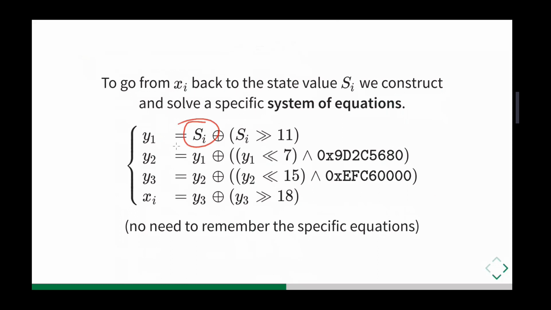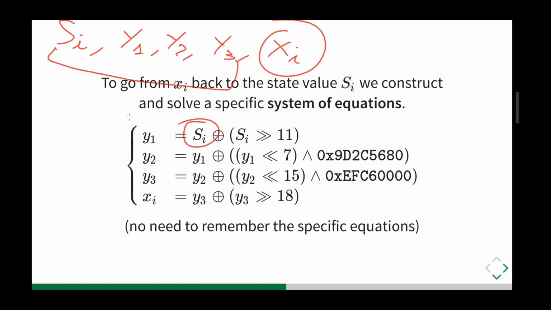So in this system of equations, we have as variables s of i, y1, y2, y3, and x of i. Now, x of i is the output I see. All the others I don't know. But we have fundamentally a system of 4 equations with 4 unknowns, and this system can be solved by setting all the things with respect to the various bit representations.